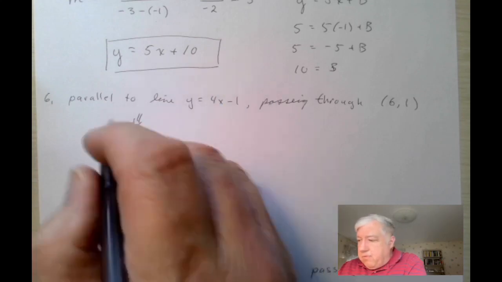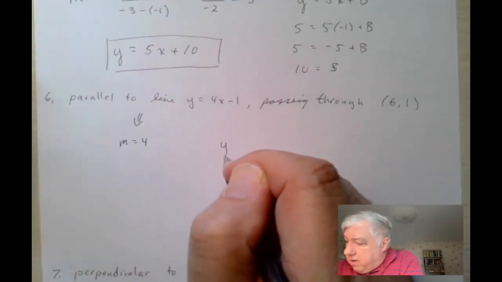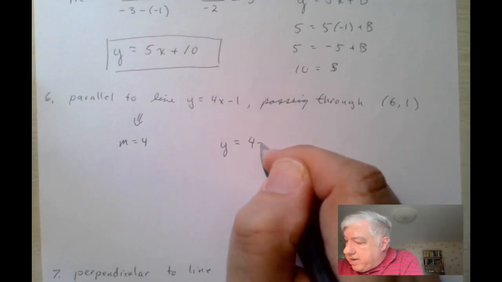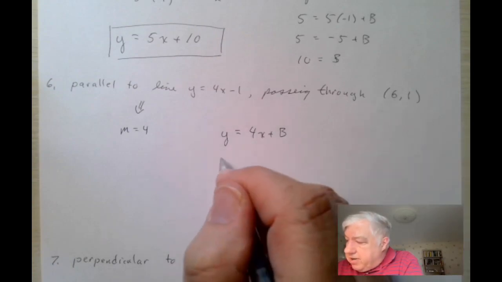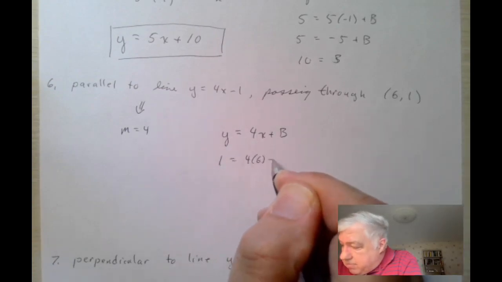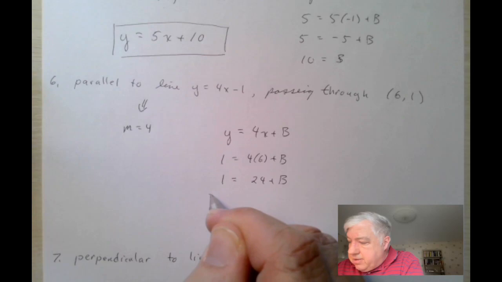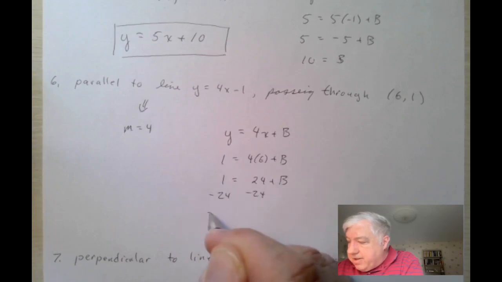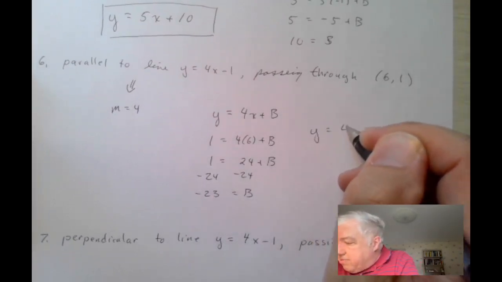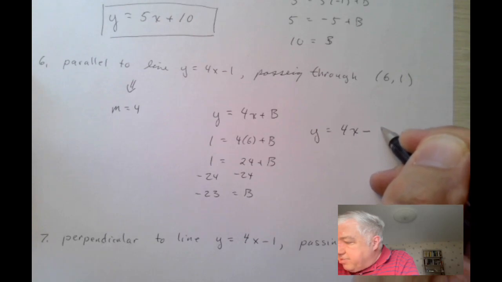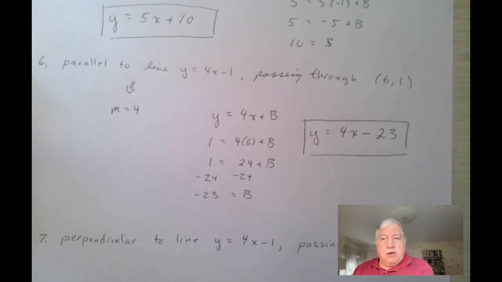So the m is 4, so that will be the 4 on our line as well. So we can write y equals 4x plus b, and plug in x equals 6 and y equals 1. Okay, this is 1 equals 24 plus b, and subtract 24 from both sides, and you get -23 equals b. So y equals 4x minus 23 is our line in this case.